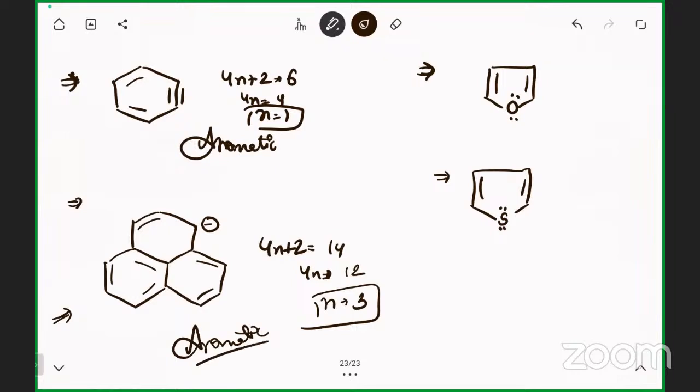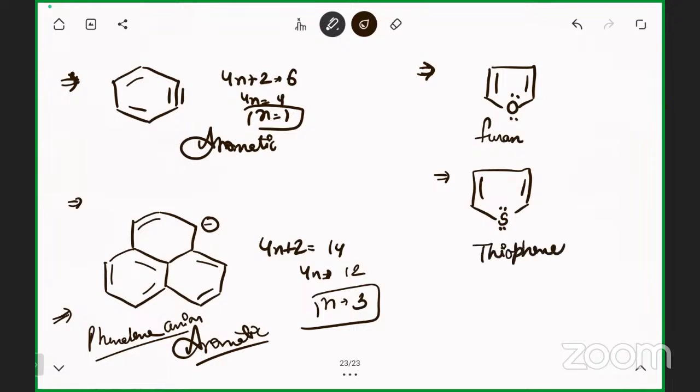Next one. The name of this compound is phenylene anion. Name of this compound is furan. Name of this compound is thiophene.